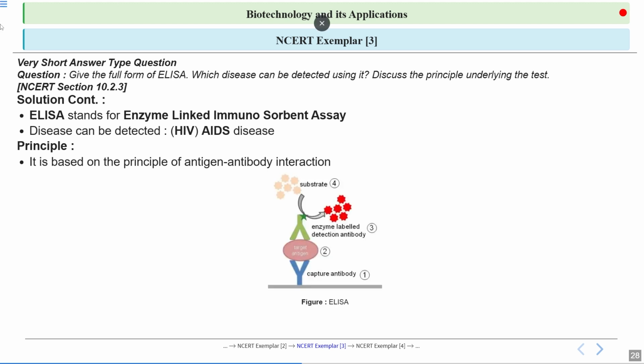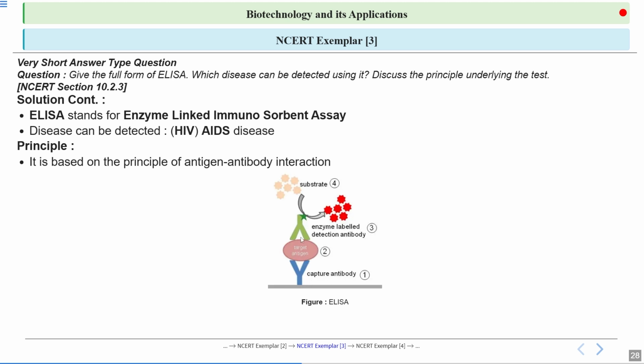As you can see in the figure, this is how ELISA can detect it. For example, here you can see this is a capture antibody, which is against this target antigen. This capture antibody comes and the antigen interacts with it because they are specific to each other.